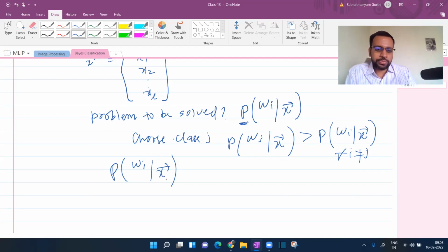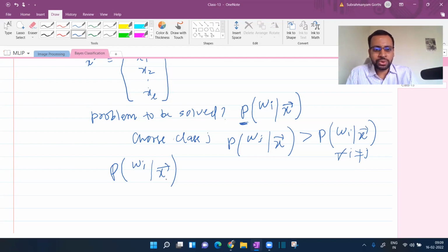How can I find out the probability of omega I given x bar? All I know here is x bar. I know which classes are there. So I'm given an x bar. How can I know the probability of this belonging to the ith class, for example? Well, from here, there is no way you could see that.